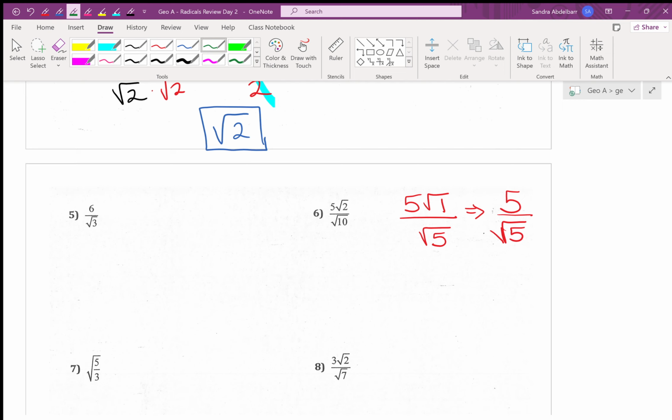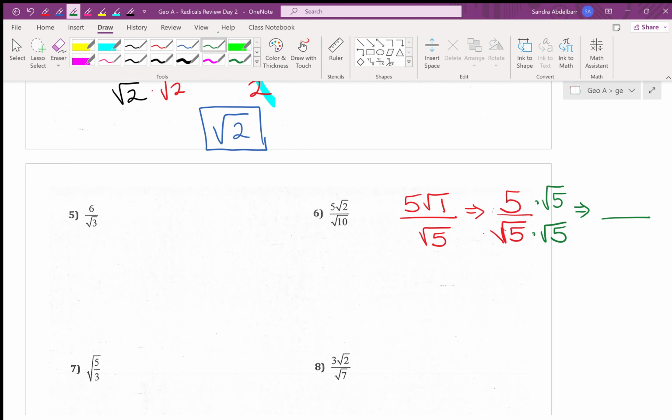Connor, keep going. What should I do now? Here multiply radical 5 by radical 5. And what else? Multiply top by radical 5. Okay, and then what do we get? Just write this down.